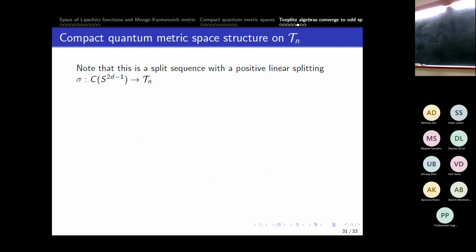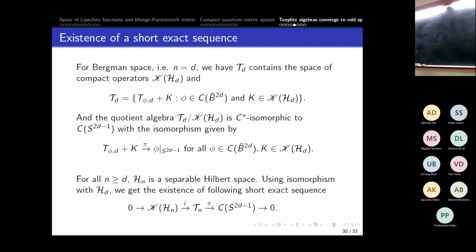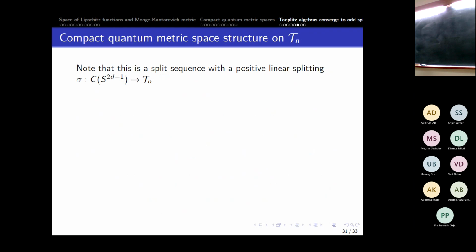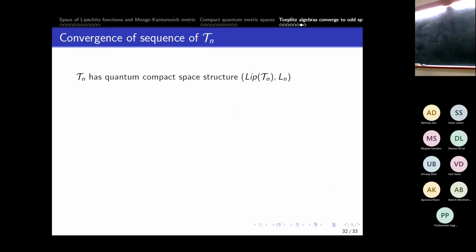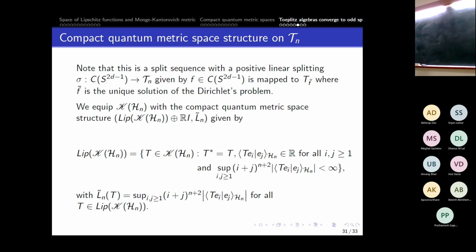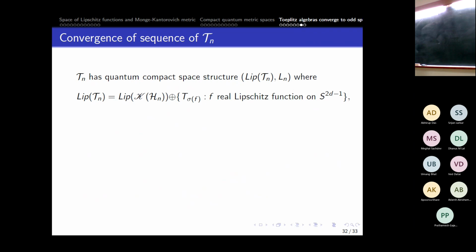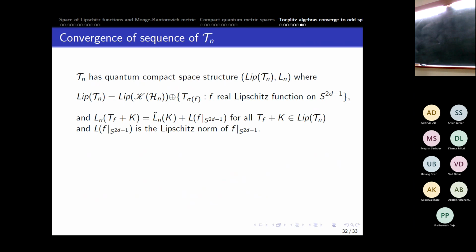What we have done is find this split exact sequence, and now on tau we are going to define something that also has a compact quantum metric space structure, but on only the compact operators. By this we have it on the Toeplitz algebra. So it's basically given by the direct sum of the Lipschitz functions on KH and the Lipschitz functions on the sphere, and the lip norm is basically given by this.